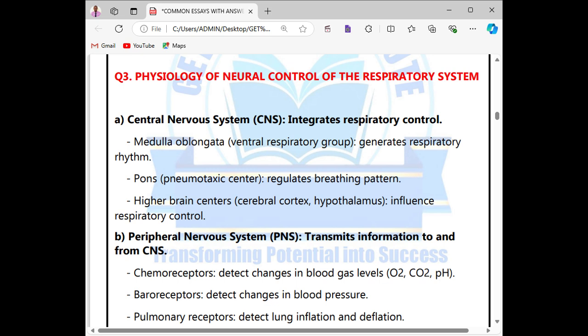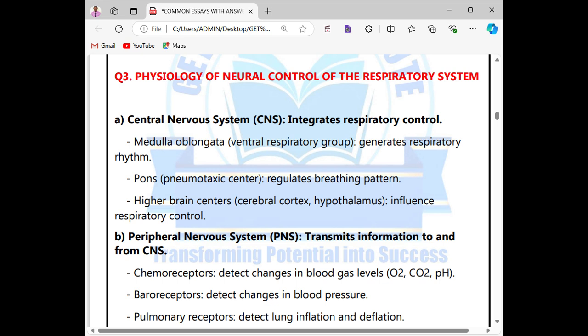The medulla oblongata plays a role by generating respiratory rhythm. Some of these things were explained during your presentations by the group which was talking about the effects of exercise on the respiratory system.